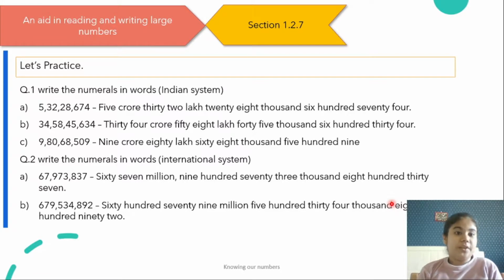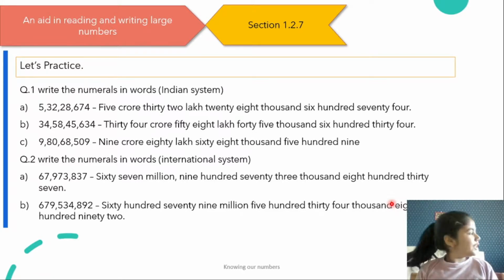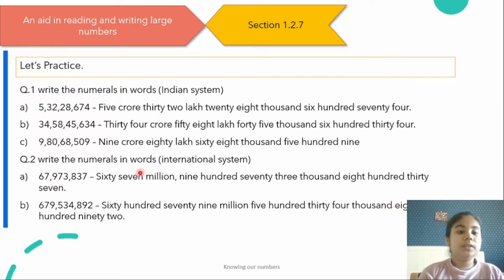Aid in reading and writing large numbers. So this is our section 1.2.7. Let's practice a little bit in this section. Write the numeral in words, in our Indian system. Our first numeral is 5 crore 32 lakh 28,674.